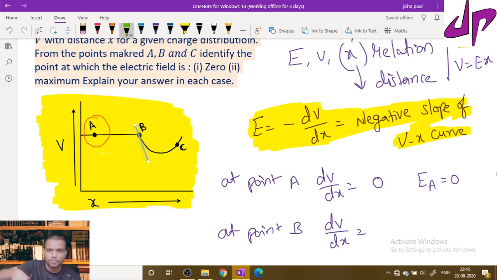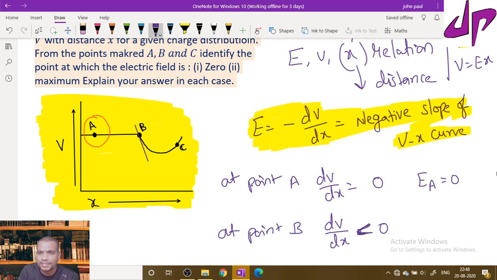A downward slope means the slope value decreases. We cannot find an exact value, but I can write that dV by dx here is less than 0, since it is a negative downward slope.